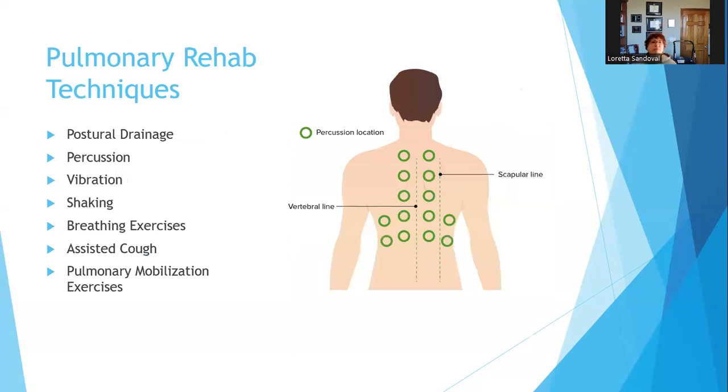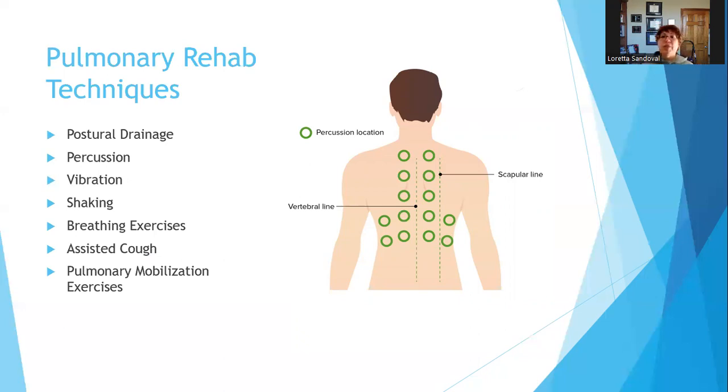So the techniques that we're going to do, besides the assessment, are postural drainage, percussion, vibration, shaking, and not like shaking them so hard that their teeth rattle, but I'll demonstrate. Breathing exercises, assisted cough, and pulmonary mobilization exercises. So this diagram shows the areas where you're going to do percussion.